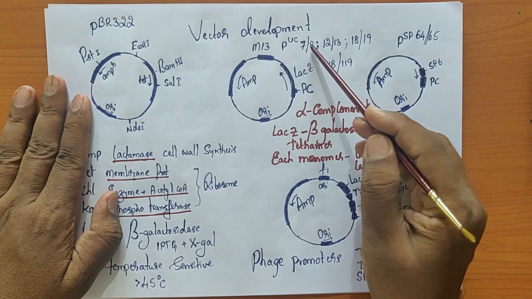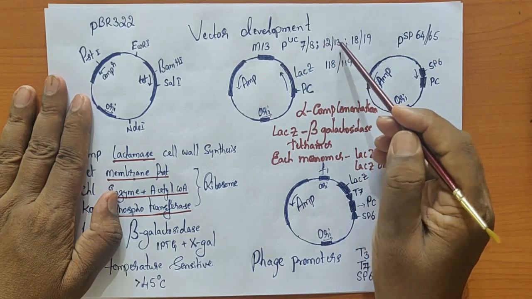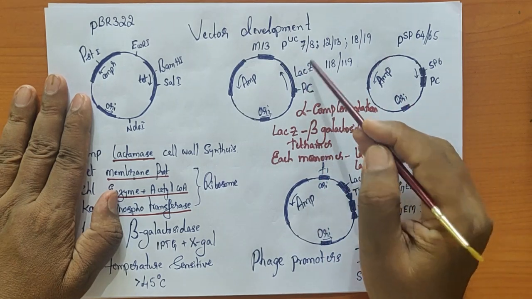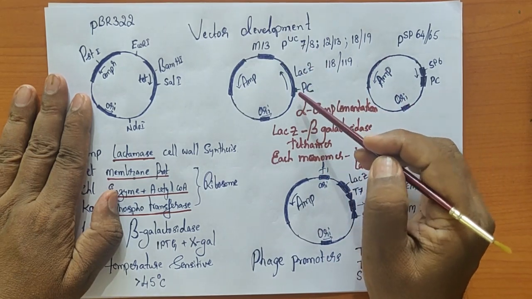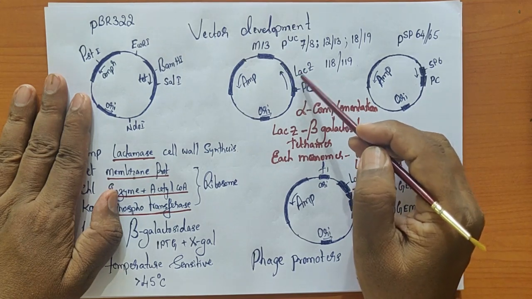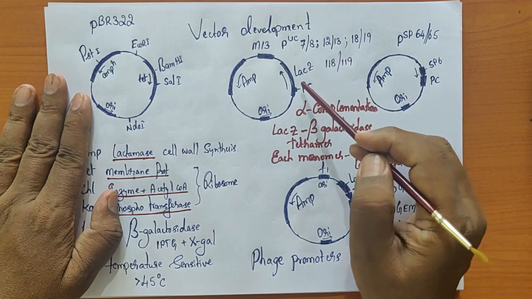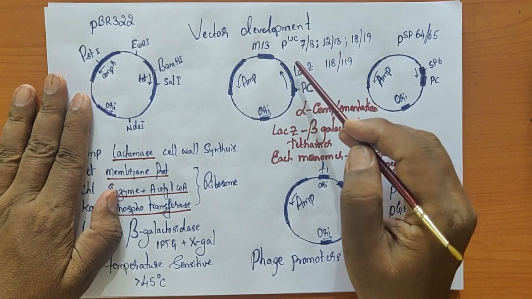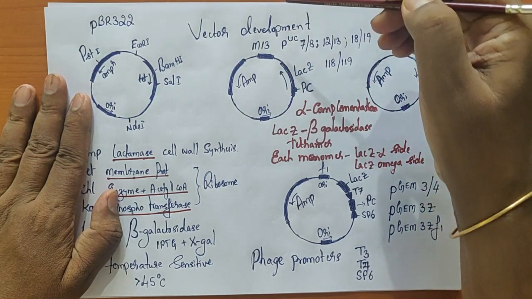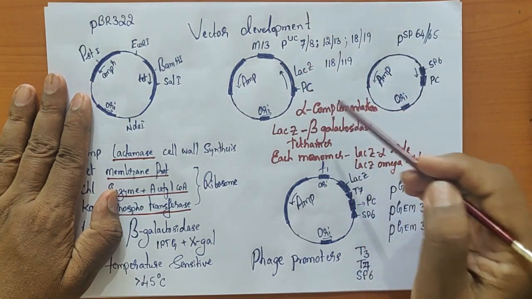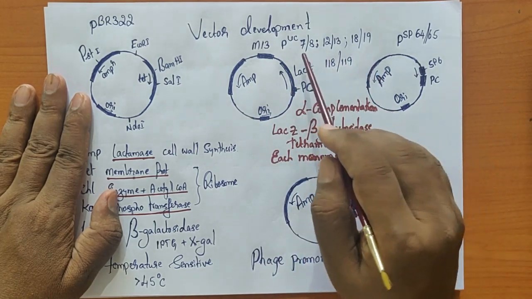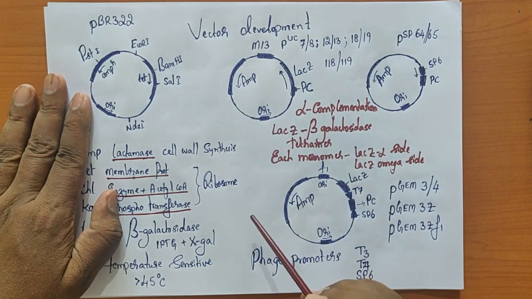Now the 7-8 series, 12-13 series and 18-19 series: the 7-8 series will have few restriction enzymes, say around 7 to 8 restriction enzymes. Whereas in 12-13, the options of restriction enzymes have been increased further. And in 18-19, you added some more restriction sites, so that the experimental persons have a wide variety of choice for cloning purposes.